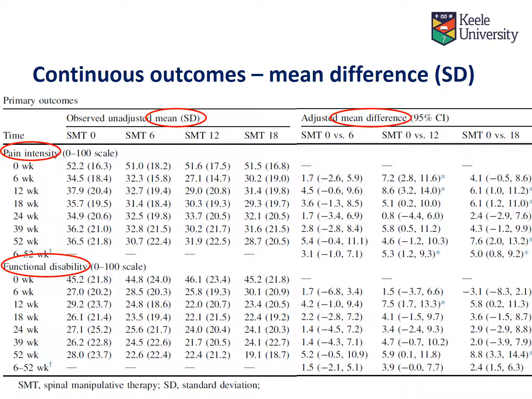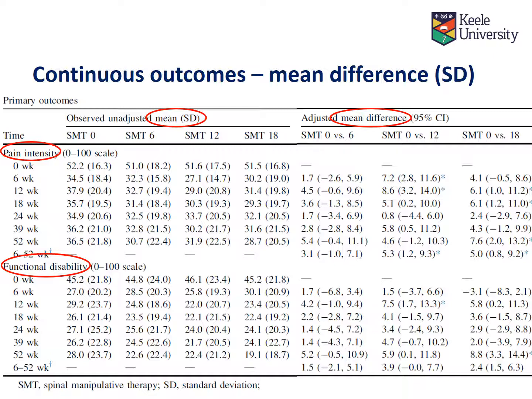The top of the table is the outcome pain intensity, and the times are 0 week, 6 week, 12 week, 18 week, and so on. The lower half of the table is the outcome functional disability from 0 to 100, and again the times 0, 6, 12 weeks, and so on.